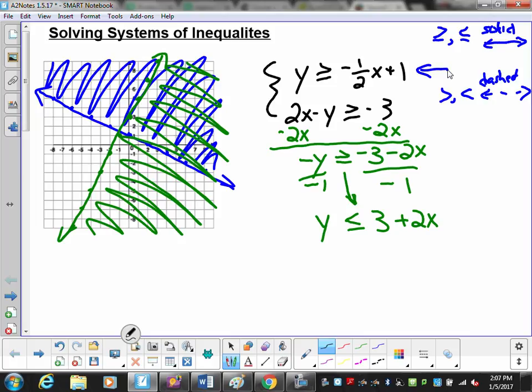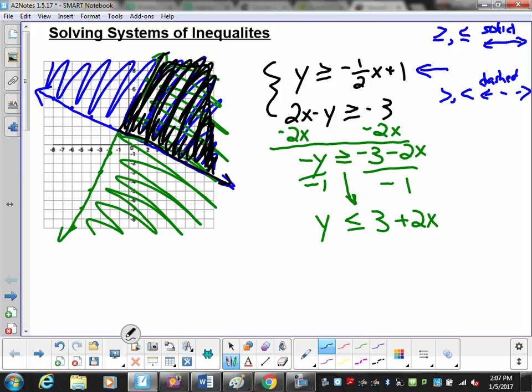So everything on this line up to here, and this line all the way going that direction, and then everything that was shaded in both green and blue. So the solution is this area right here, including those two lines up to here. Nothing over here and nothing down here is part of the solution.